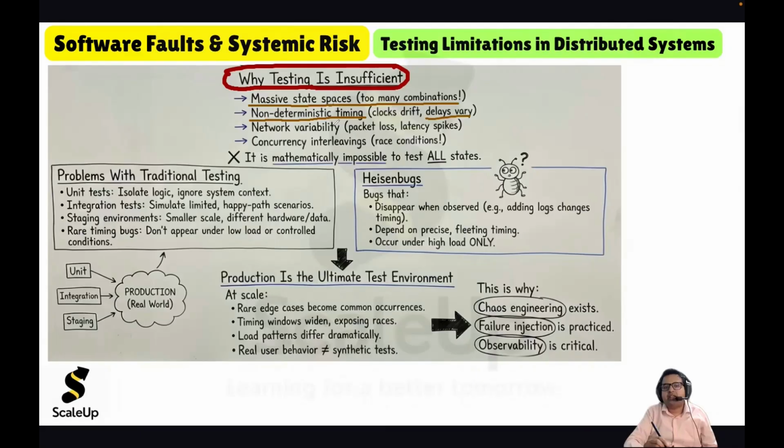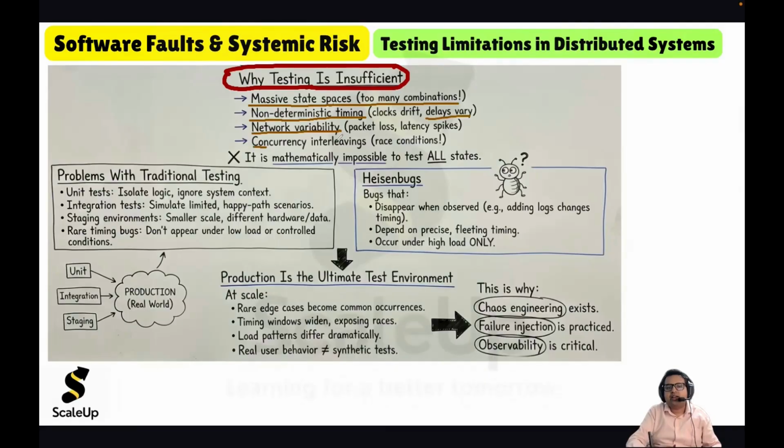Network variability is very common in distributed systems because they are connected, and in the real world in a production environment we can see packet losses and latency spikes, and this we cannot test. So that is the testing limitation.